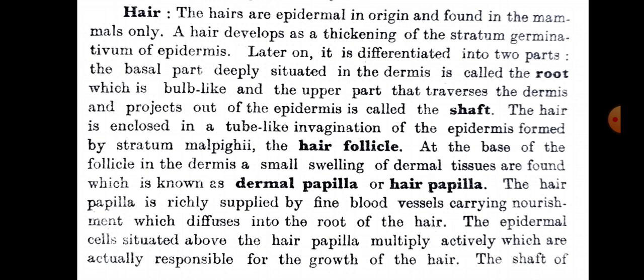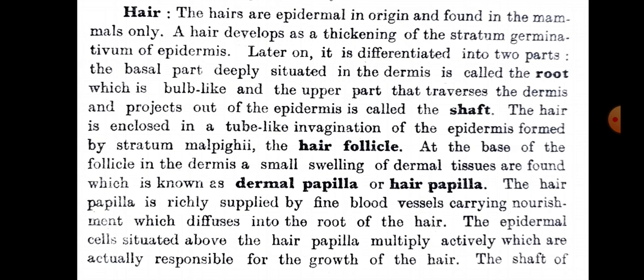A hair develops as a thickening of the stratum germinativum of epidermis. Later on, it is differentiated into two parts. The basal part, deeply situated in the dermis, is called the root, which is bulb like, and the upper part that traverses the dermis and projects out of the epidermis is called the shaft.